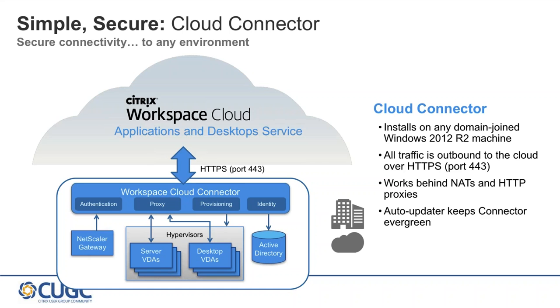That could be if you have multiple locations across your company, you have a resource location per location. So you get to pick anywhere those workers go, whether it's on your infrastructure, in the cloud, in a hosted environment, etc. The main thing is having that connector to bridge the connection between the VDA and the control plane.